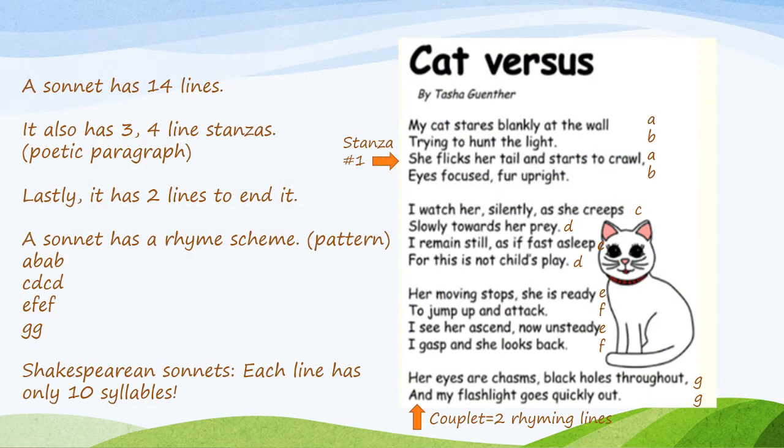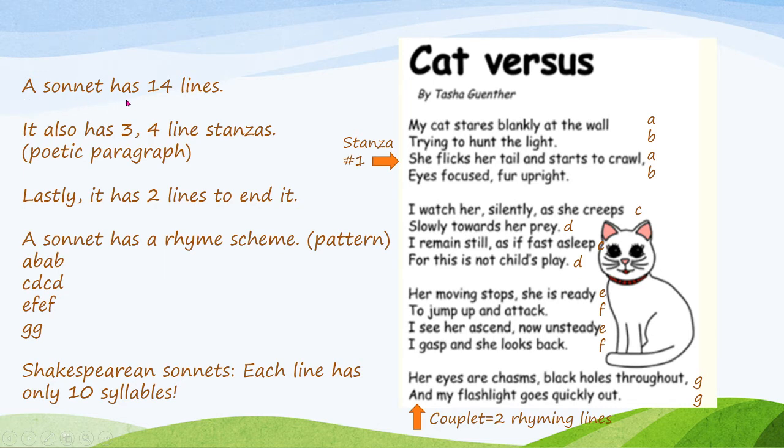Now, here is where we're going to go ahead and talk about the rules of the sonnet. Now, the sonnet has a lot of rules, kind of like our cinquain, but this one's even more so. A Shakespearean sonnet has lots and lots of rules. So, the very first rule is right here.